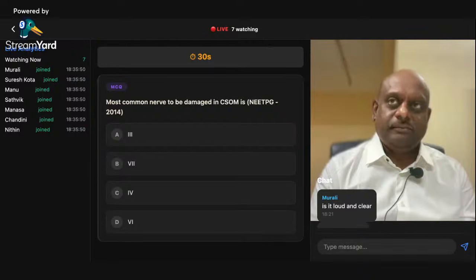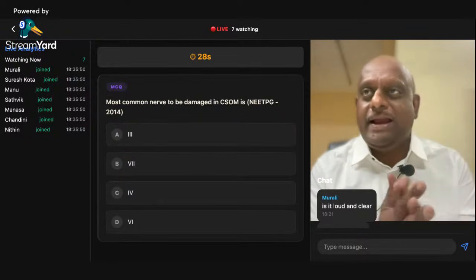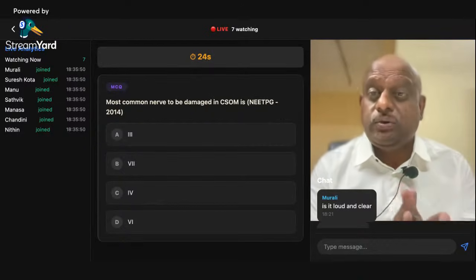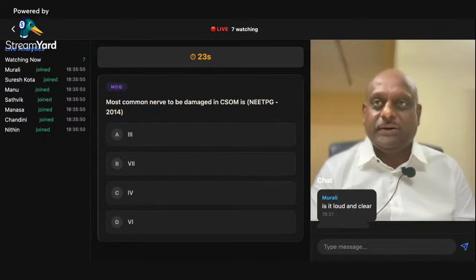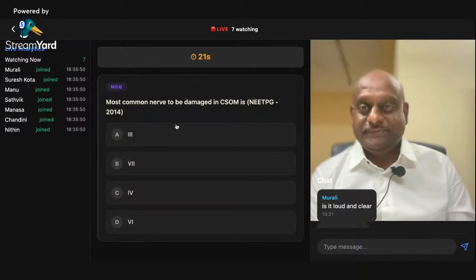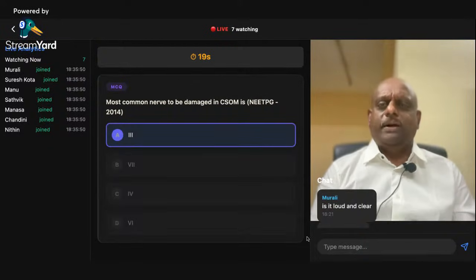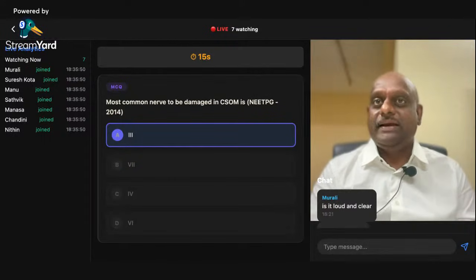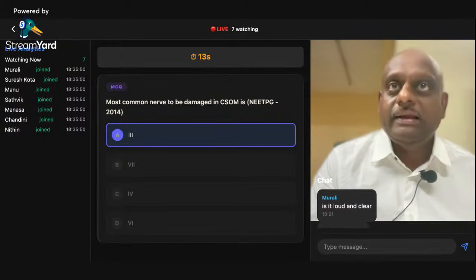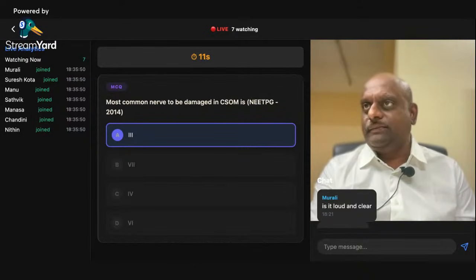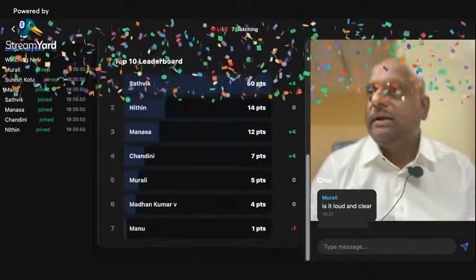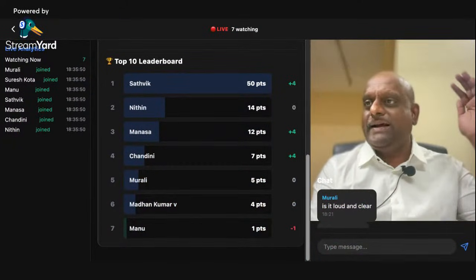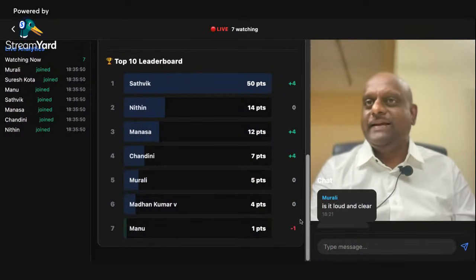Now, doctor, the most common nerve which is damaged in CSOM was the NEET PG 2014 MCQ. So what is your answer? Most common nerve to be damaged whenever there is a CSOM. Very good. Satvik is right. Manasa is ascending up the ladder. Also Chandani. Very good.